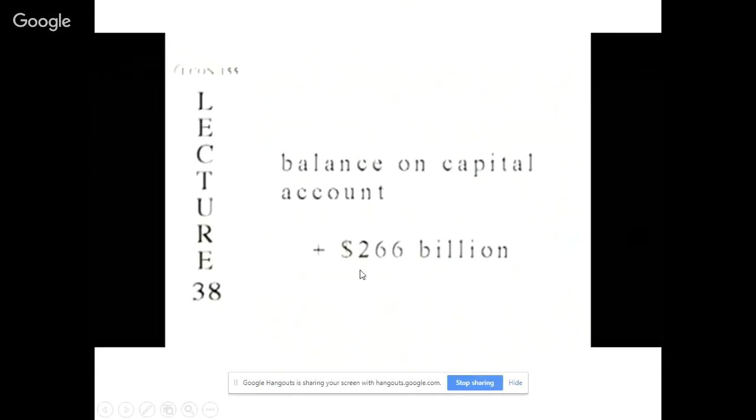You see the sign here. This is a positive sign, meaning that this is a surplus. Remember, last time we had a deficit on the current account, and we have a surplus on this account. So the current account plus the capital account must add up to 0.